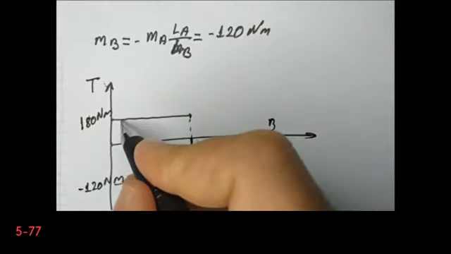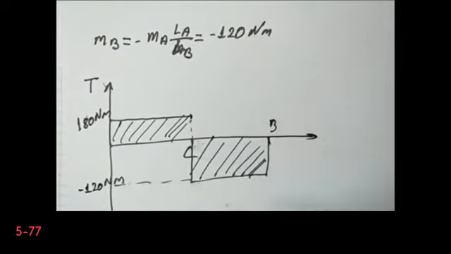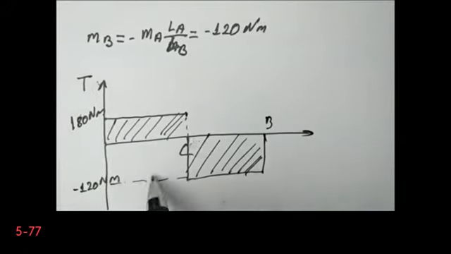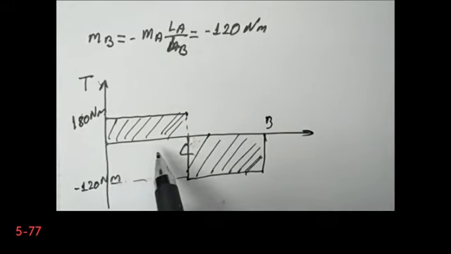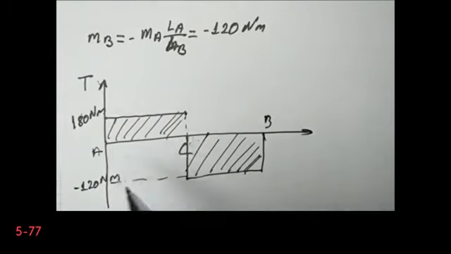So certainly if I look at the torque distribution, obviously I will see the maximum shear stress at a point where my torque is maximum, since the radius is constant. Therefore I can easily say that I will see the maximum shear between A and C.